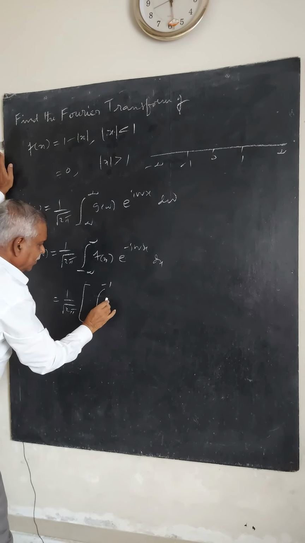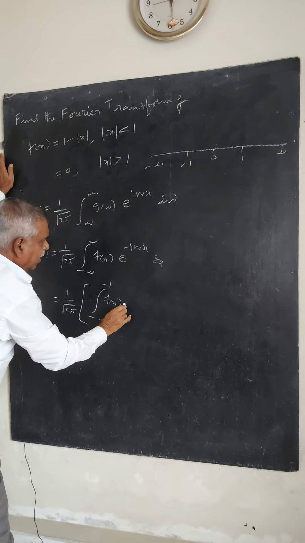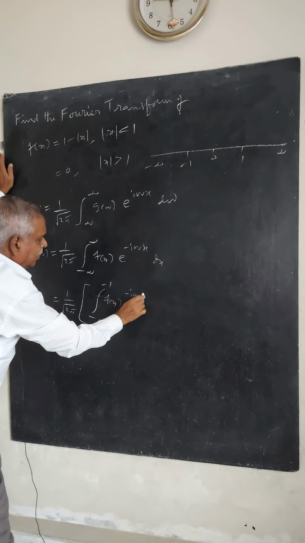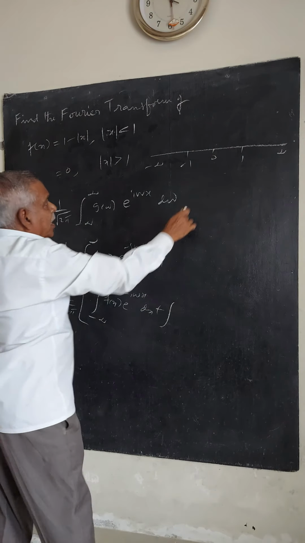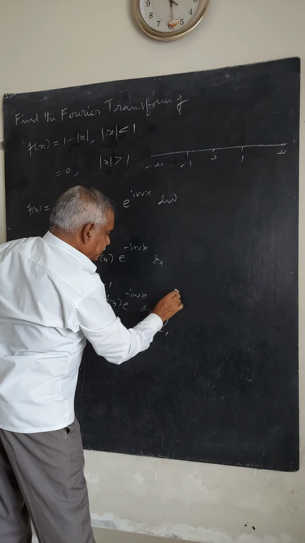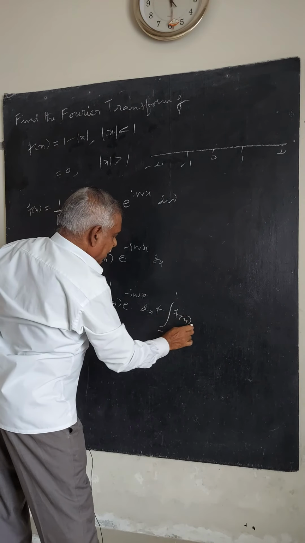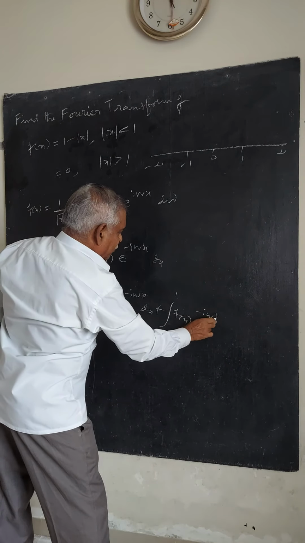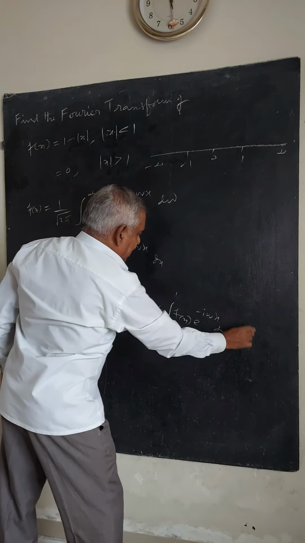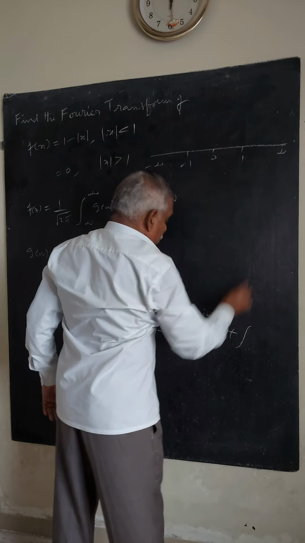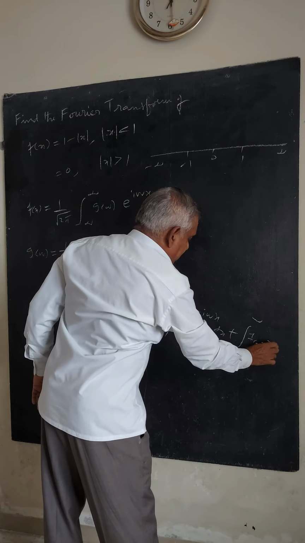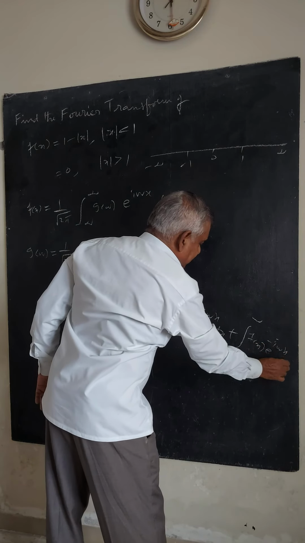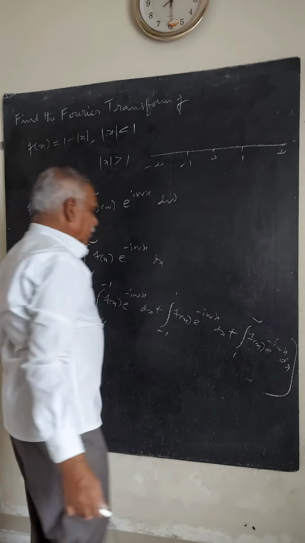1 by root of 2 pi, integral minus infinity to minus 1 of f of x e power minus i omega x dx, plus integral minus 1 to 1 of f of x e power minus i omega x dx, plus integral 1 to infinity of f of x e power minus i omega x dx. Close the bracket.